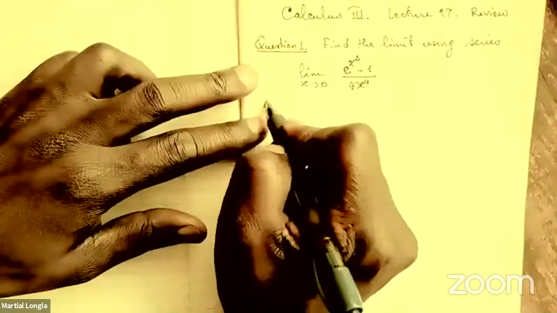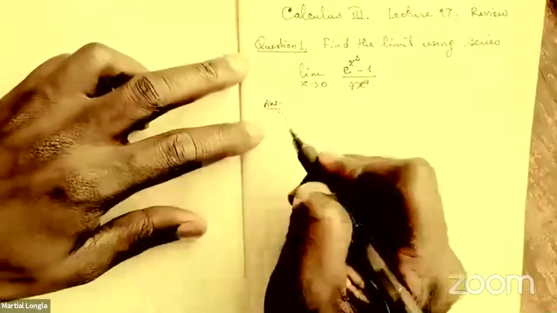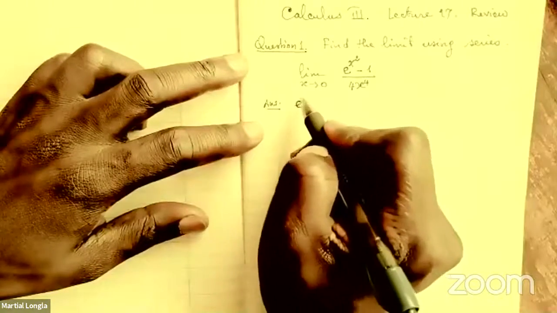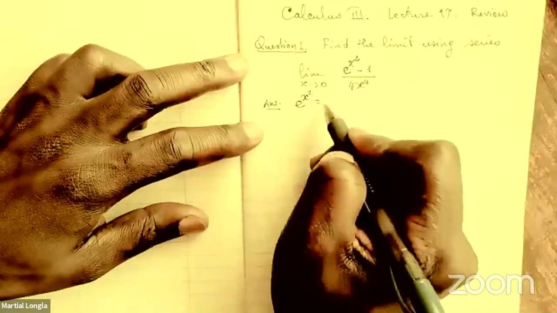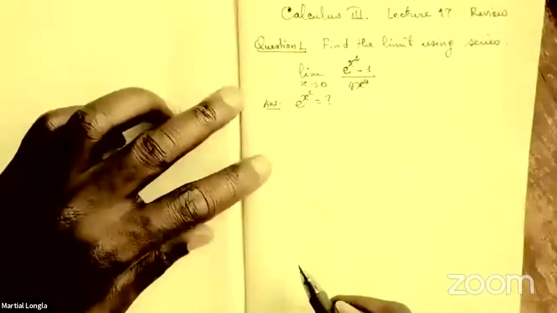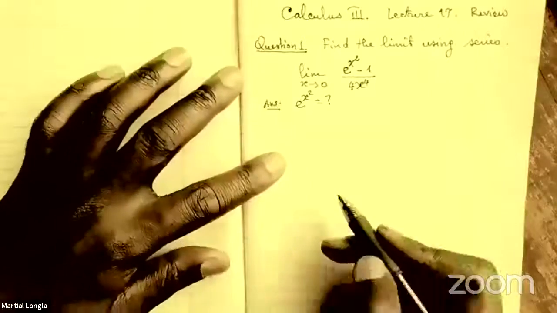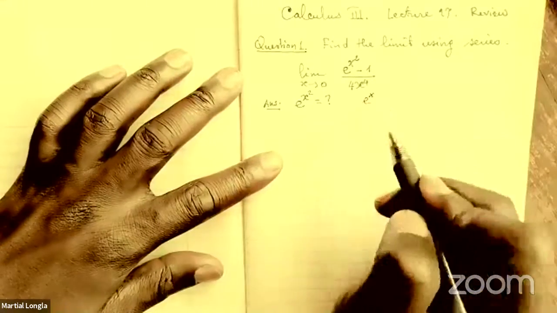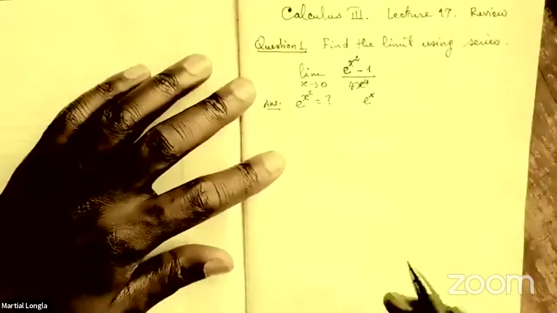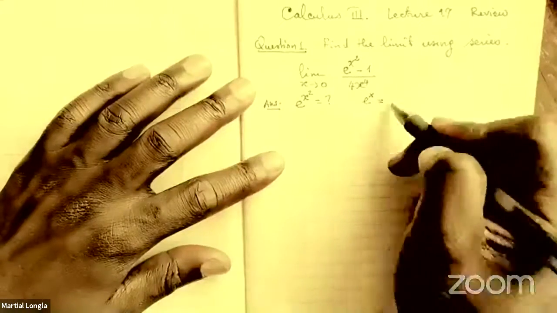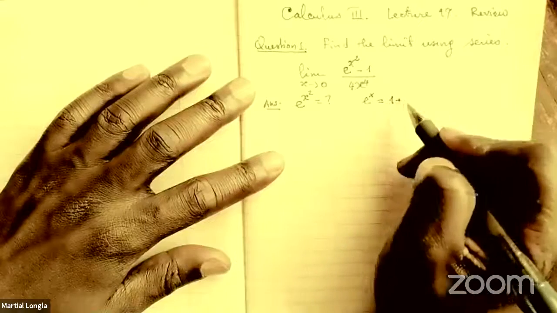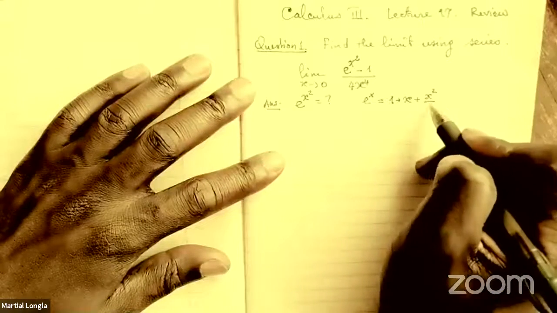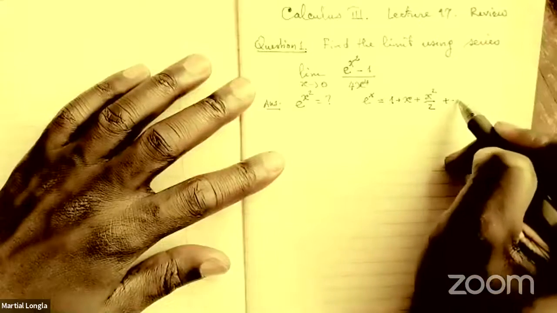So if we want to answer this question, we will have to find the power series of e to the x squared. What is this equal to? In order to do that, you need to know the power series of the standard function. For instance, in this case, you need the power series of e to the x. And that is 1 plus x plus x squared over 2 plus, and so on.